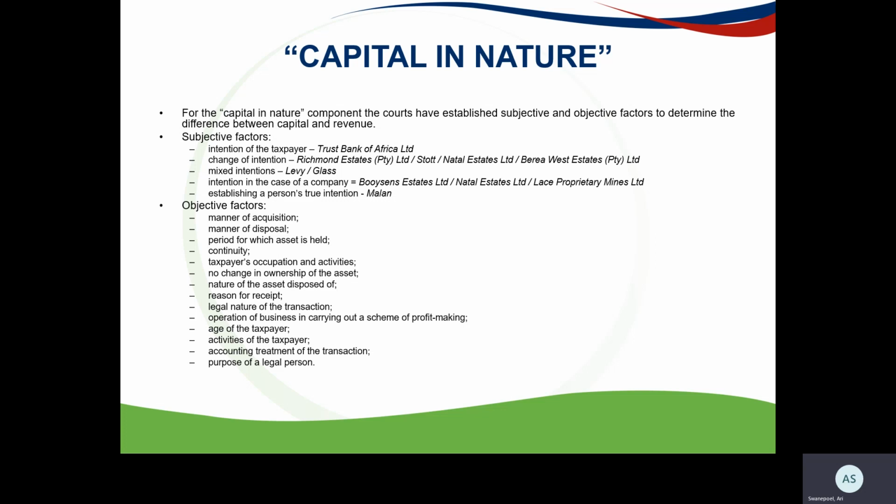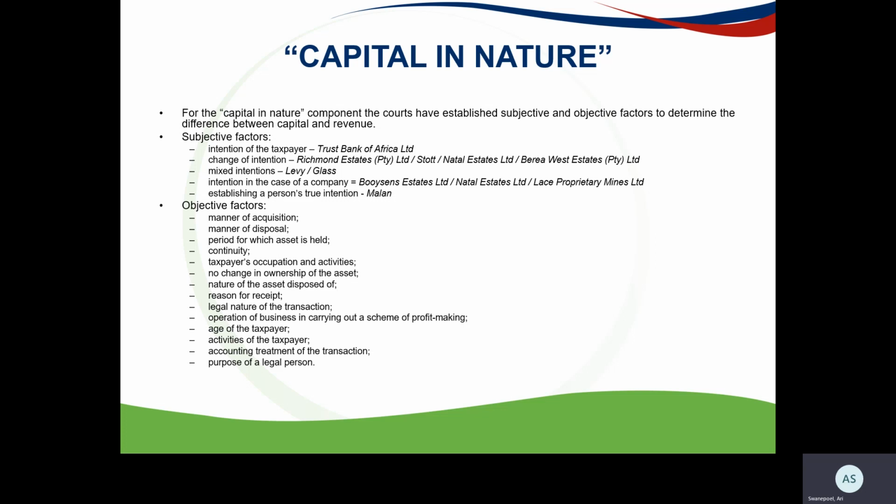And then the taxpayer's occupation and activities, whether there was any change in the ownership of the asset, the nature of the asset that was sold, the reason for the receipt, legal nature of the transaction, operation of the business in carrying on a scheme of profit making. If it's a scheme of profit making, then it will be revenue.